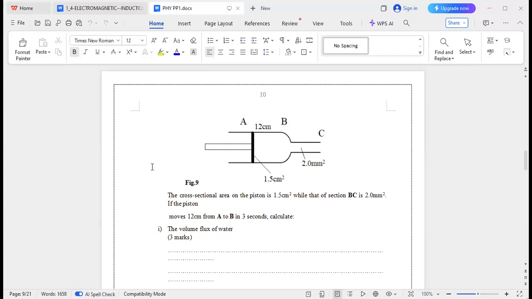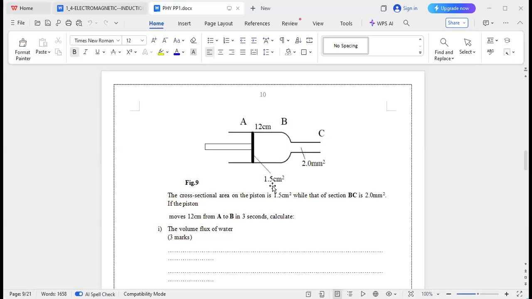We all know that volume flux is cross-sectional area multiplied by velocity. Cross-sectional area is 1.5. We change to meters squared.